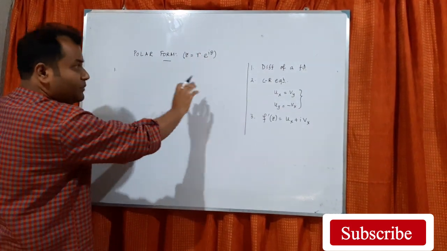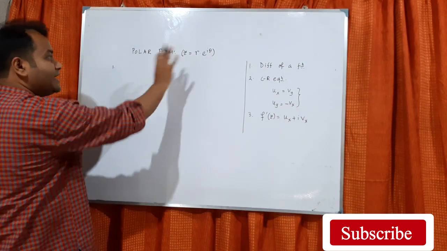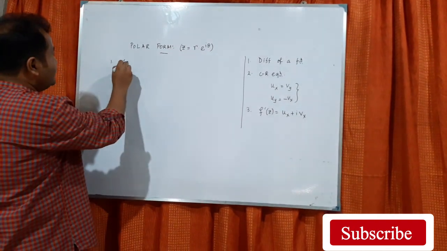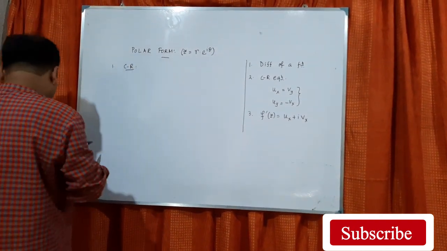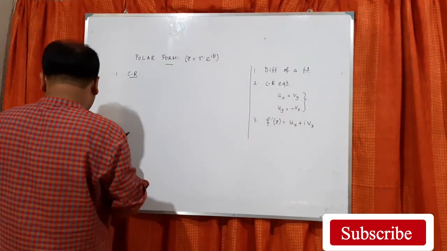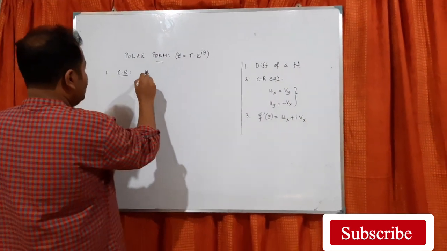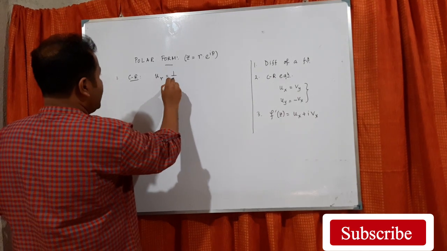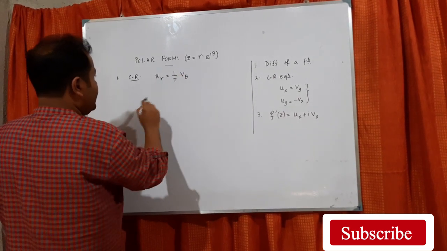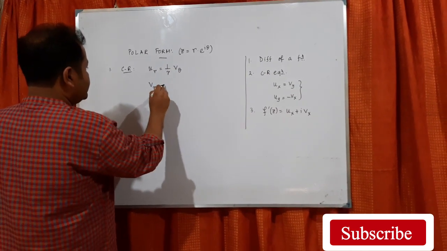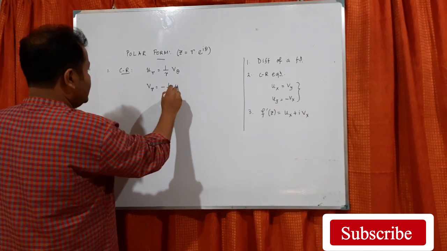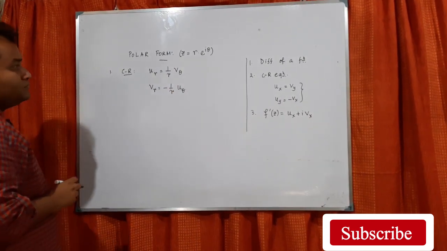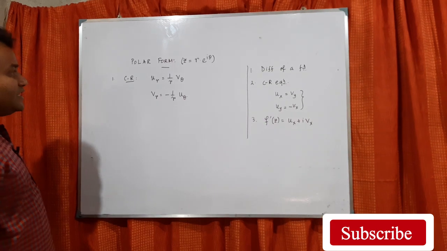So z should not be x plus iy, z should be r into e power i theta. Now what is CR equation in polar form? In polar form, CR equation is ur equals 1 by r v theta and vr equals minus 1 by r u theta. This is the CR equation in polar form.